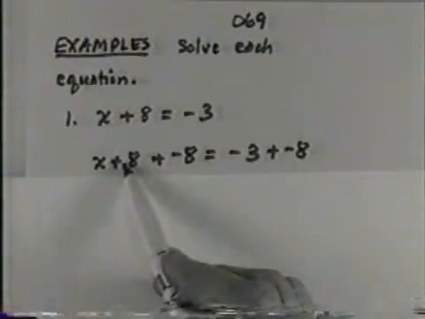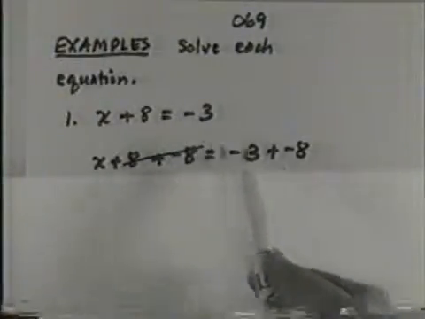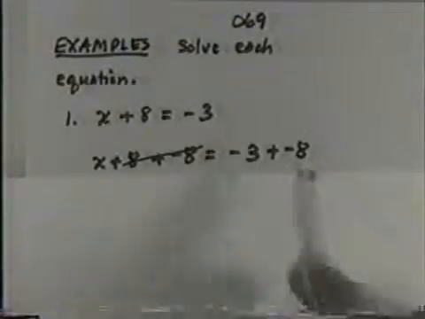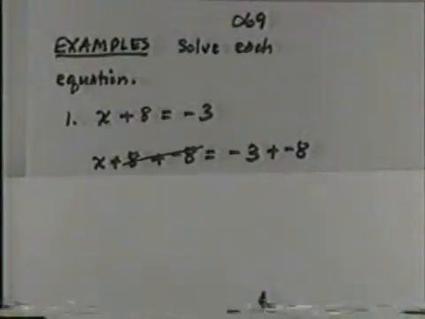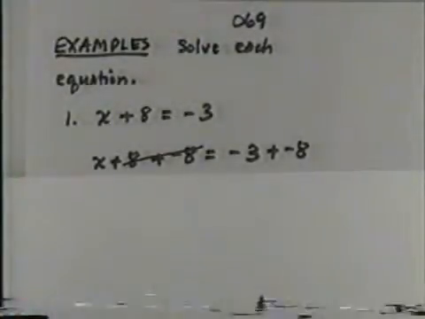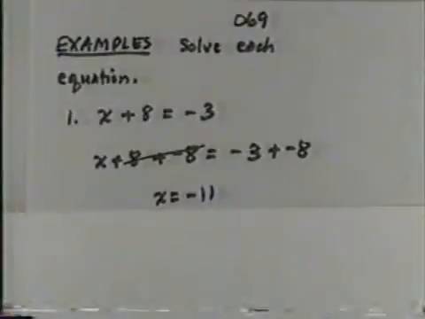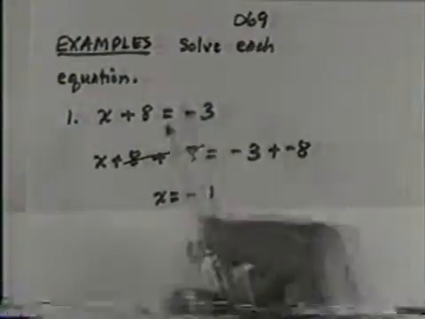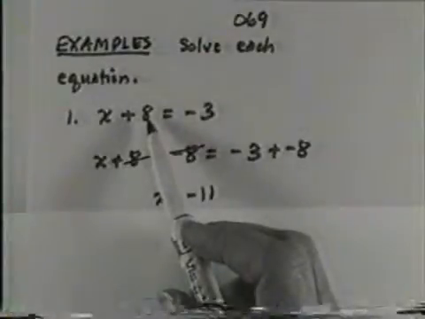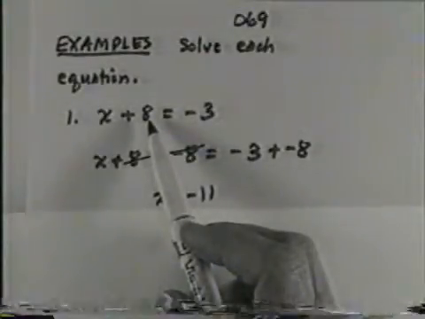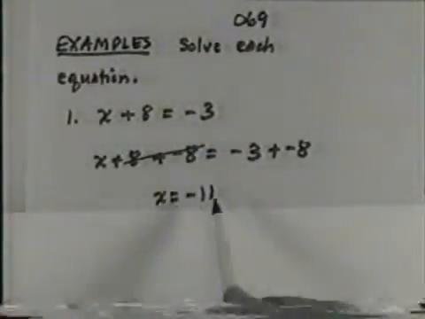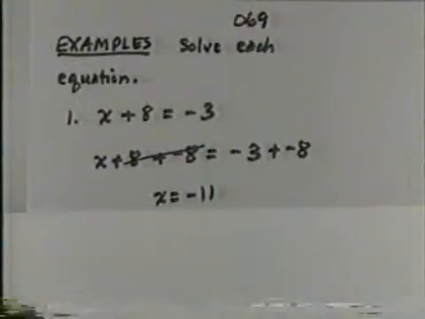In effect, they cancel. On the right-hand side, no canceling. On the left-hand side, we have just x. On the right-hand side, we get -3 plus -8, which is -11. Adding -8 to both sides of the equation removed the 8 that was in the way. And we got variable equals constant, which is our goal.